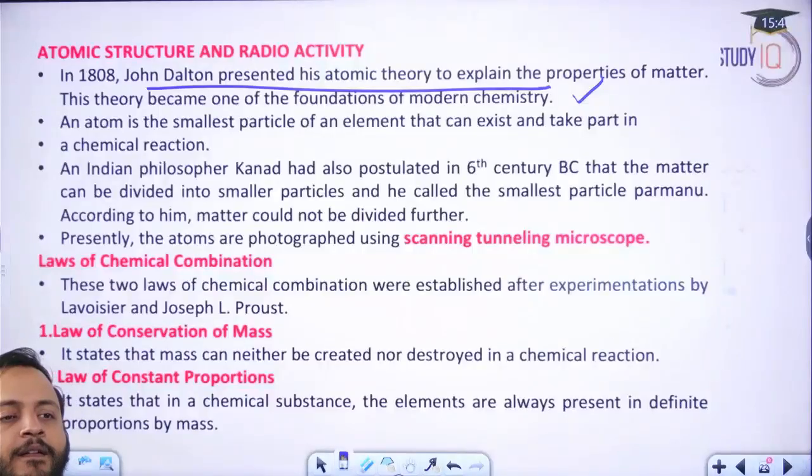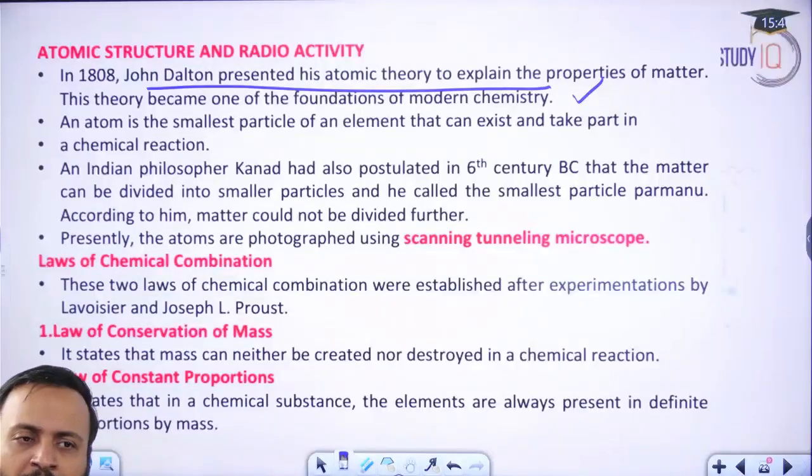All right. Now, if we talk about laws of chemical combination and all that, so guys, the laws of chemical combination are basically divided into two parts: law of conservation of mass and law of constant proportions. So what is that, guys?